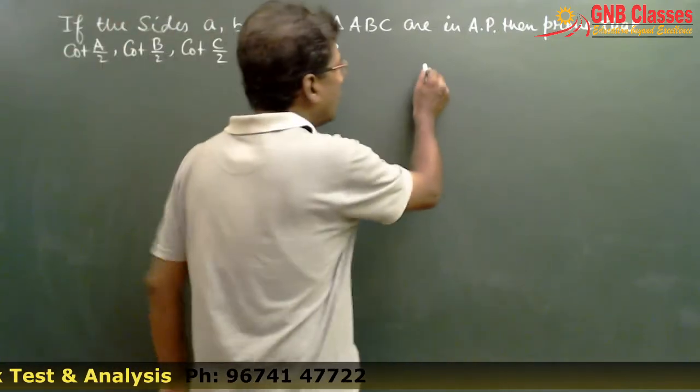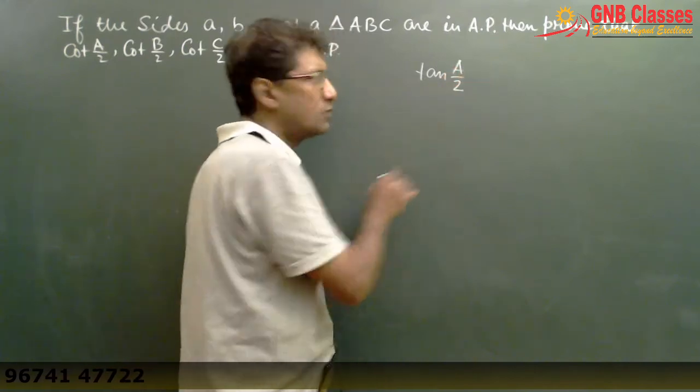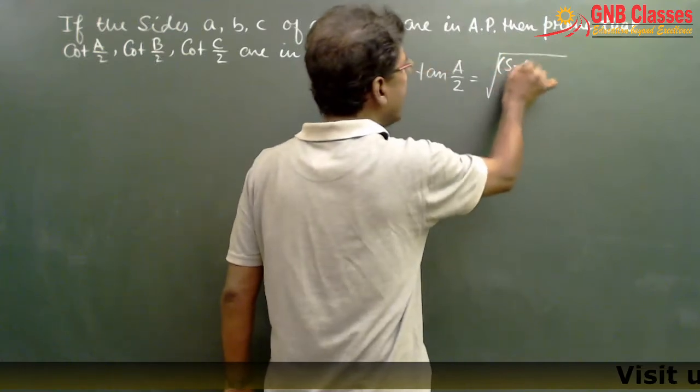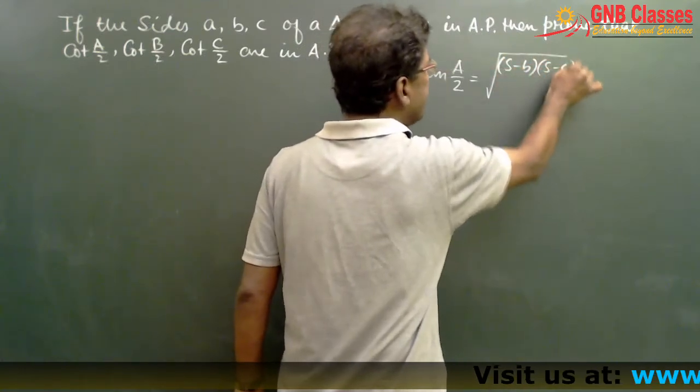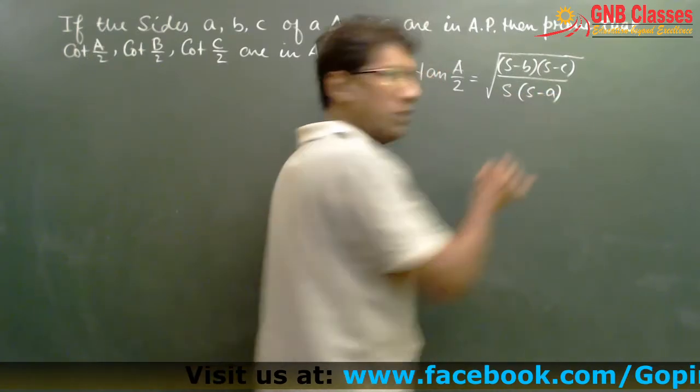You see, we have already learned that tan A by 2 is what? It's nothing but under root (s minus b)(s minus c) divided by s(s minus a). Can you remember?